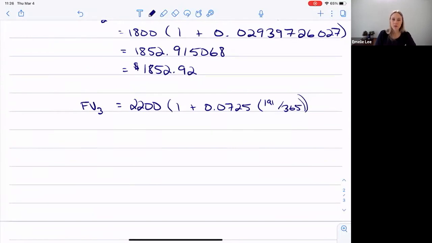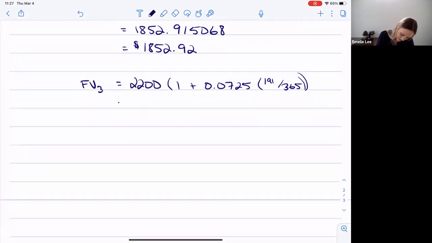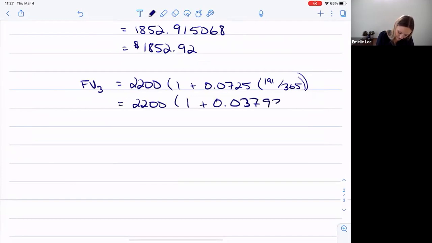So you really want to follow along and make sure that when you calculate these, you actually end up at the same answer that I do, right? So 191 divided by 365, remember you can do it in any order, times 0.0725 puts me at 2,200 times 1 plus 0.03793835616. And I'm going to add the 1, and then I'm going to multiply by 2,200.